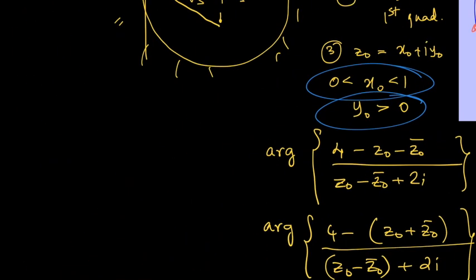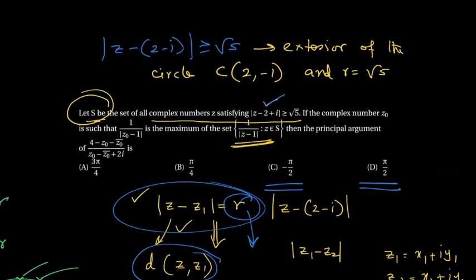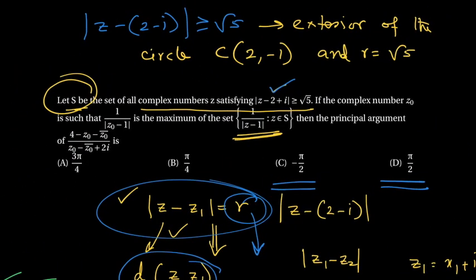So we have the answer as minus pi by 2. When you see, it took me about 20 minutes to explain this question, but in this question I have explained all the related concepts. In an exam you should be able to do it in 2-3 minutes.